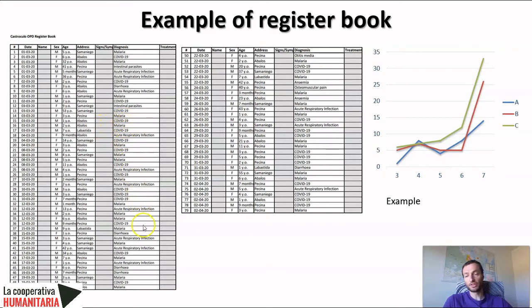So we can take the register book with the dates and we can try to draw a graph like this one here on the right. In this graph, we're going to see, as we said, the number of weeks, number of cases, and the different locations.